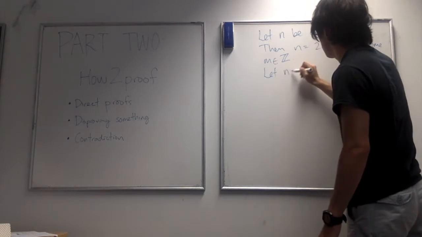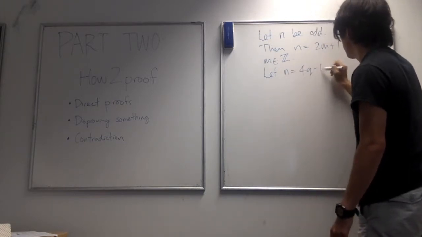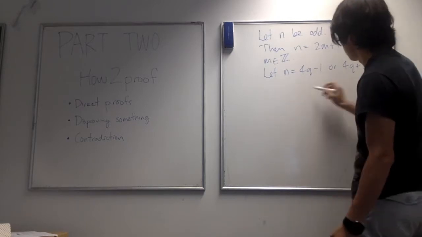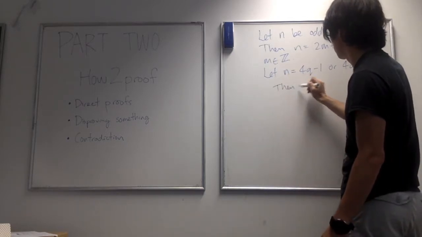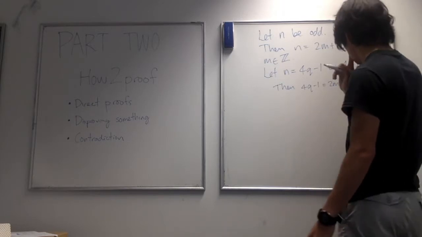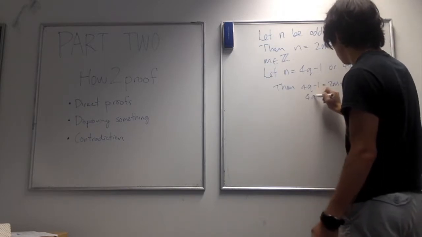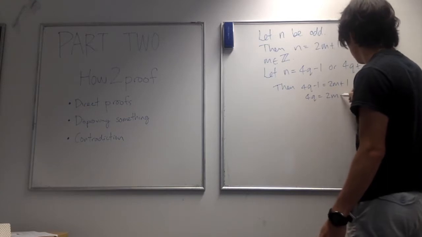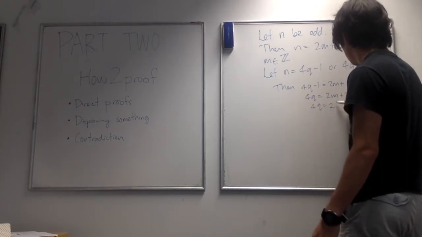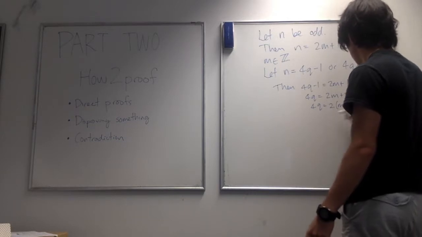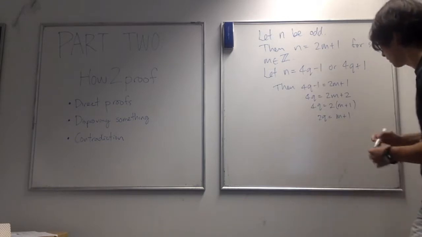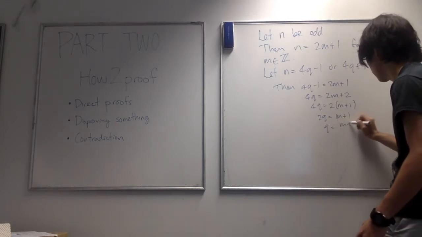Let n equal 4q minus 1 or 4q plus 1, then 4q minus 1 equals 2m plus 1, so 4q equals 2m plus 2, so 2q equals m plus 1, so q equals (m plus 1) over 2.